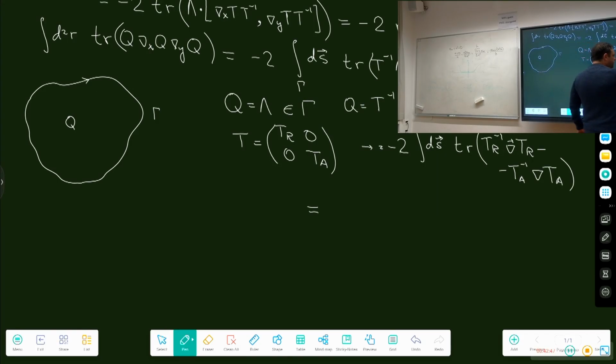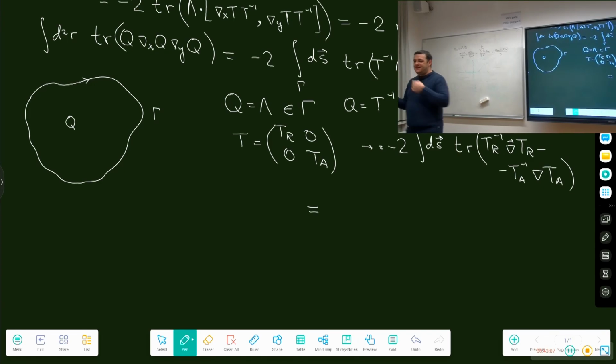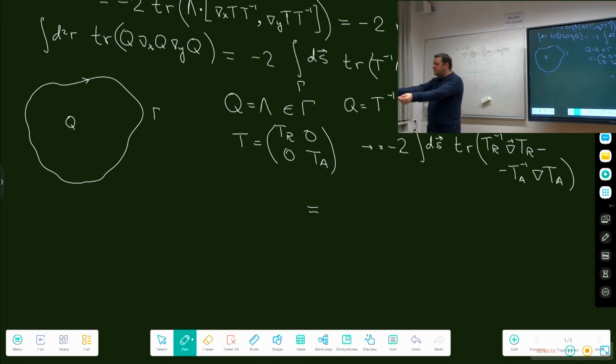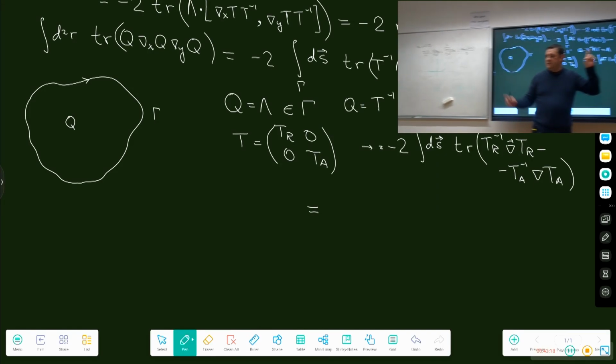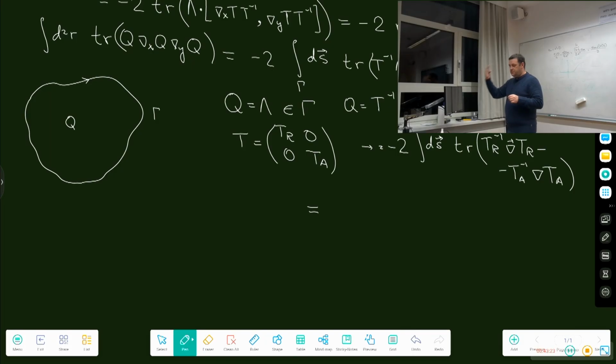So, what is this? I mean, T inverse gradient of T. We already saw this before. Who can tell? This is a gradient of the logarithm. This is a gradient of the trace of the logarithm. And the trace of the logarithm, as we also discussed, is the logarithm of the determinant.